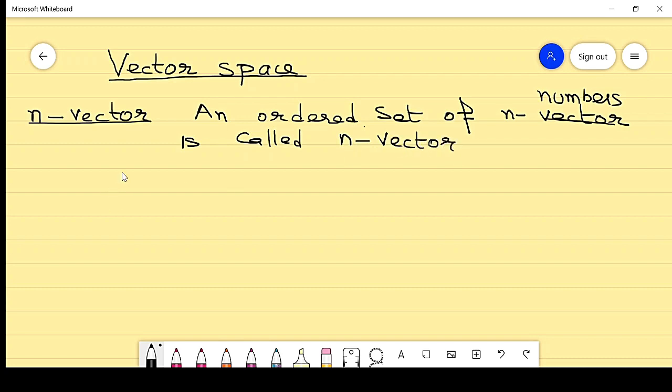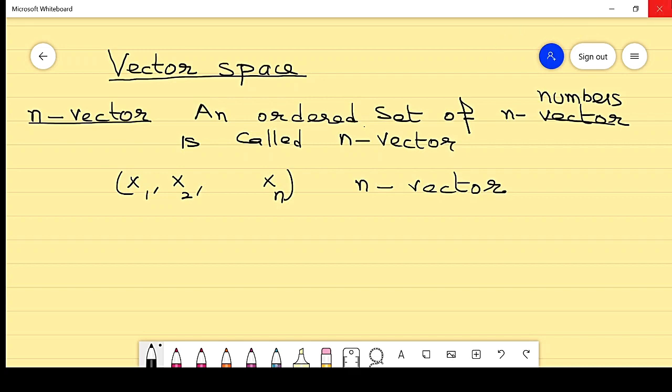For example, x1, x2, up to xn. So this is called an n vector. So remember this, it is an n vector.